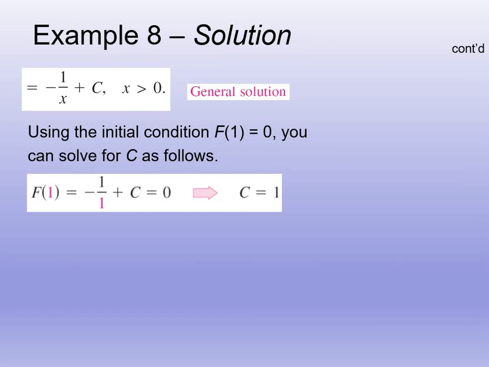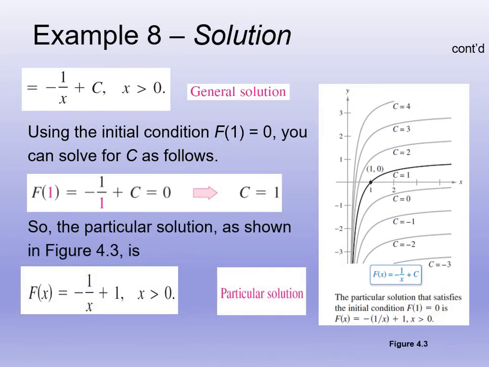So our general solution is negative 1 over x plus c, and our particular solution is negative 1 over x plus 1. We used the initial conditions to get that particular solution.